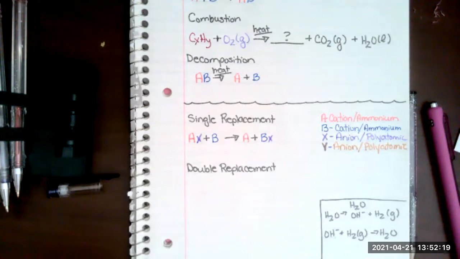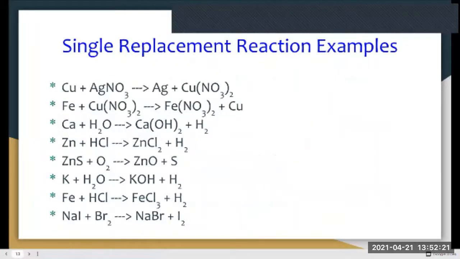So let's look at some examples of single replacement reactions. So if you're looking here, copper plus silver 1 nitrate becomes silver plus copper 2 nitrate. The silver and the copper switch places because the nitrate switched from the silver to the copper. Here's iron and copper. Look here, the nitrate moves from the copper to the iron.